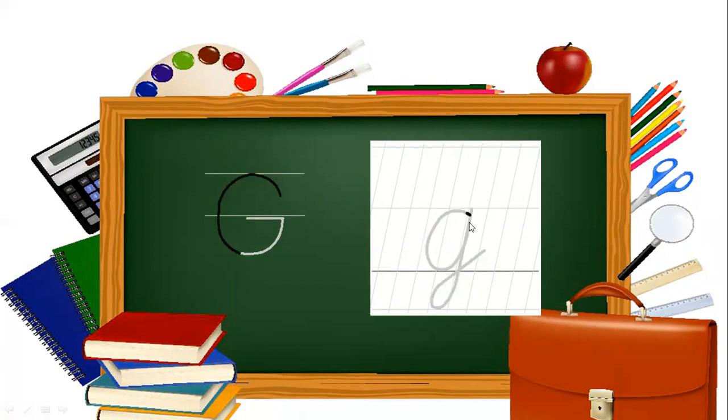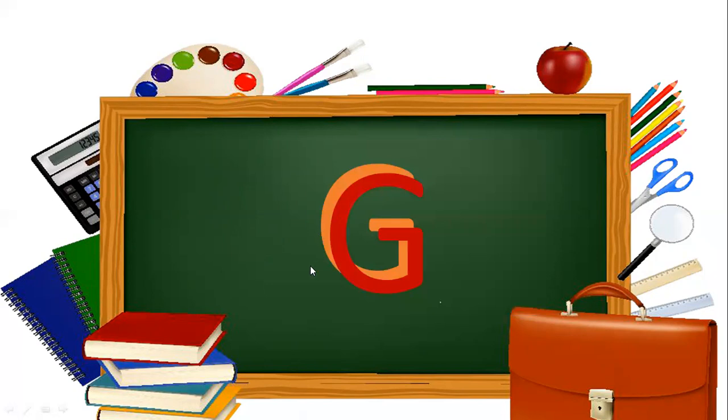Draw a small curve starting from the middle and going to the top of the line, and then turn it to the standing line, coming downwards, and then turn it to a small curve, reaching to the middle of the middle line. So this is our capital letter G. Now this is our letter G. Watch it. Okay, this is letter G.